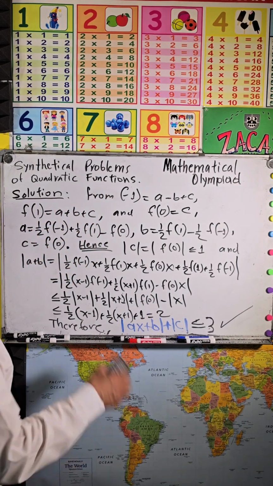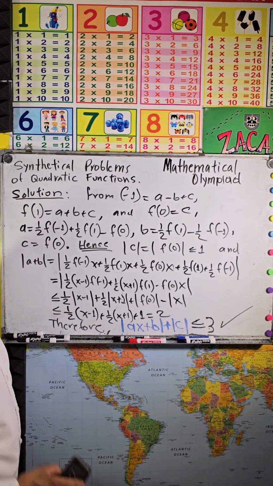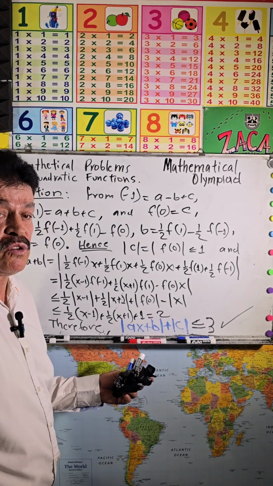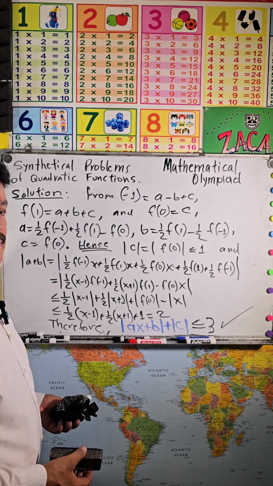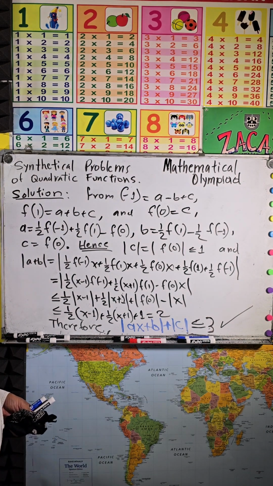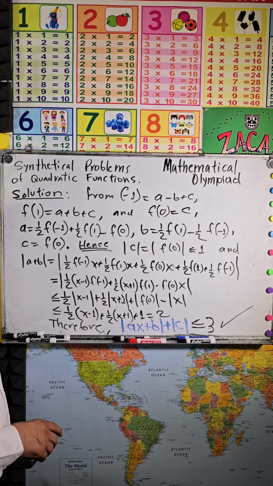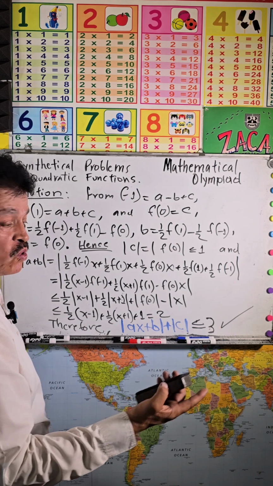See, that was our conclusion. Remember the question at the beginning. The question to this problem was we have the function f of x, ax plus bx plus c. Suppose absolute value f of x is equal or less than 1 for all x belonging to the interval -1 to 1.